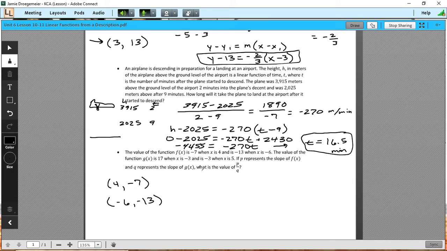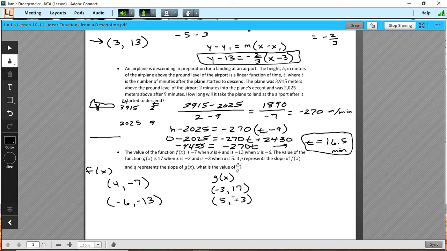The value of the function g of x is 17 when x is -3 and is -3 when x is 5.